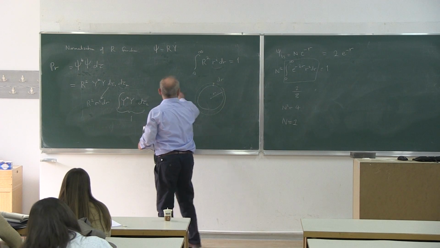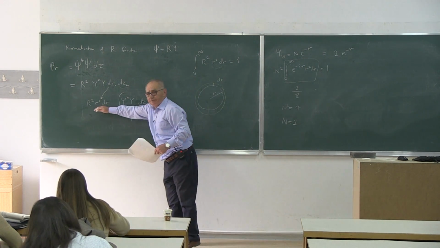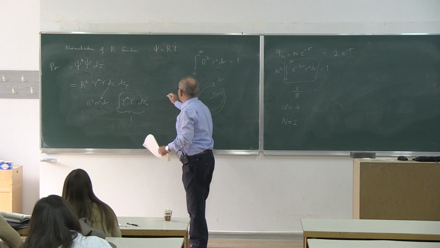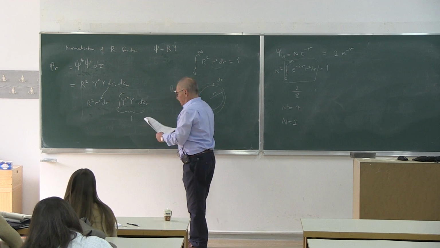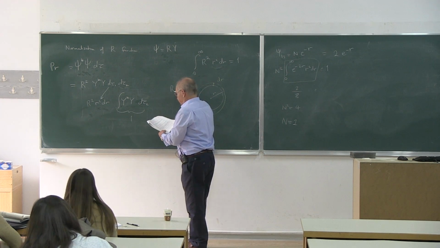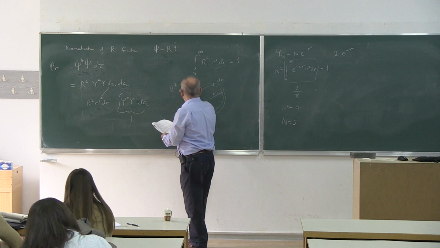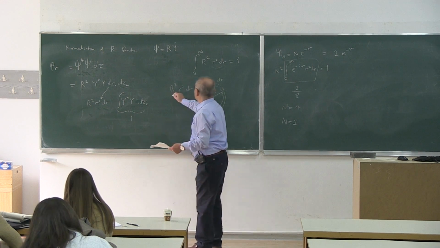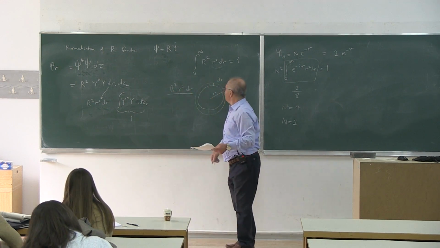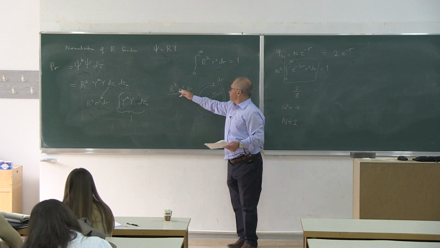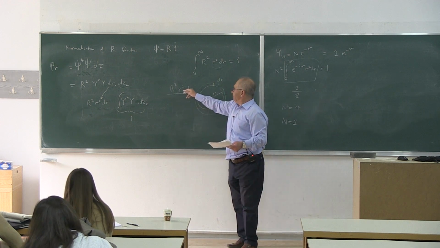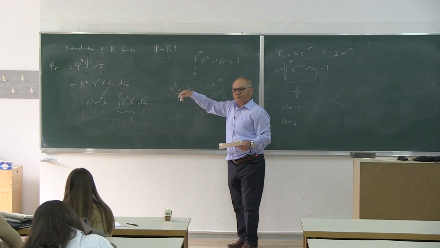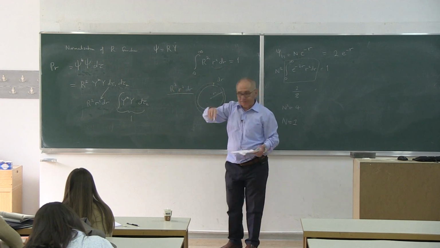The net result is this factor, which is r squared times R squared times dr. So this is a probability distribution in r.